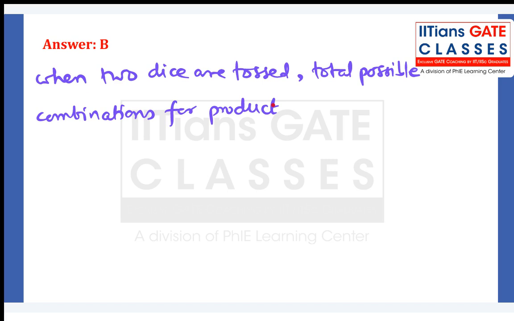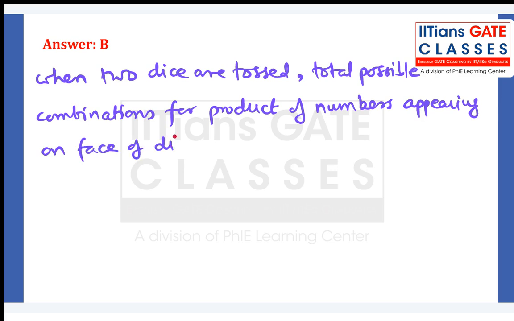So when 2 dice are tossed, the total possible combinations for the product of numbers appearing on the faces of the dice will be 6 into 6, that is 36.